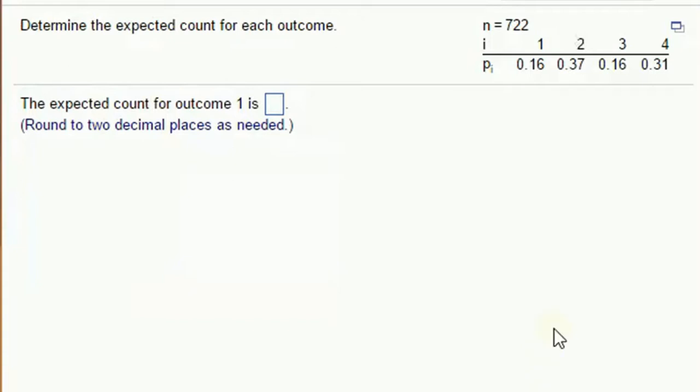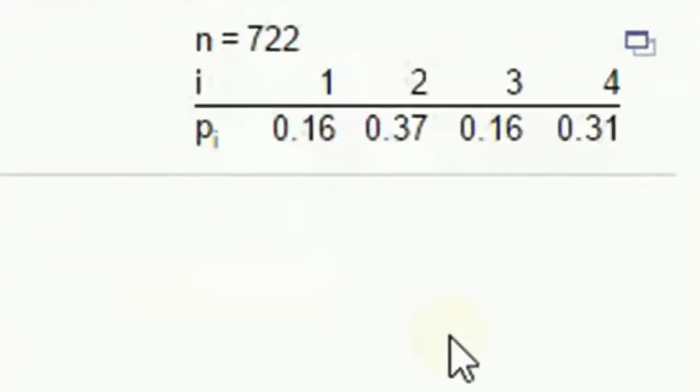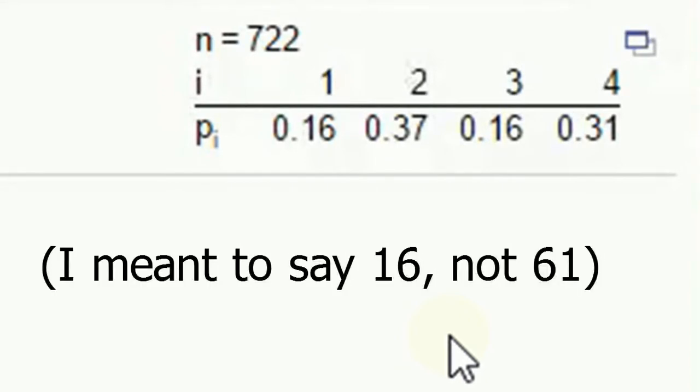Essentially, all we're doing is we're taking this. So in this situation we're describing some probability distribution. The value can be 1, 2, 3, or 4, and the associated probabilities are 0.16, 0.37, 0.61, and 0.31.